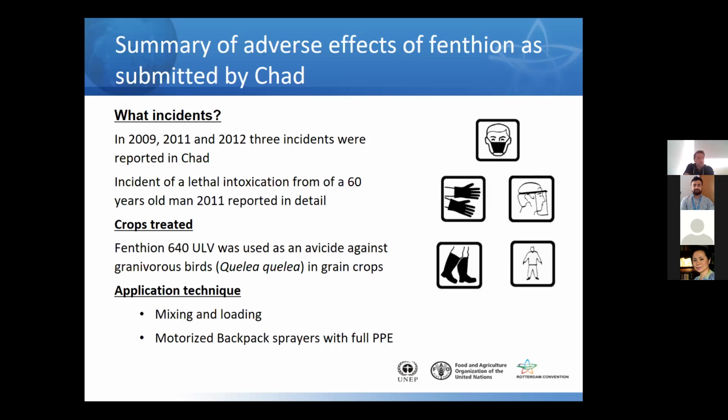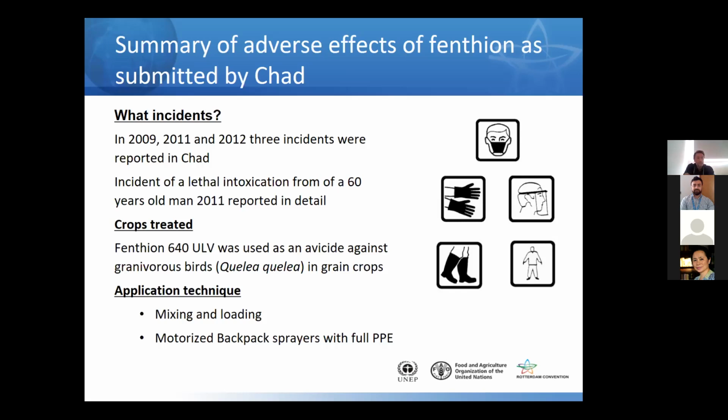The intoxicated person showed symptoms like vomiting, abundant salivation, and titubation 1 hour after the application. He was immediately brought to the hospital. Despite the efforts of the doctors, he passed away 4 days after he was released from the hospital.